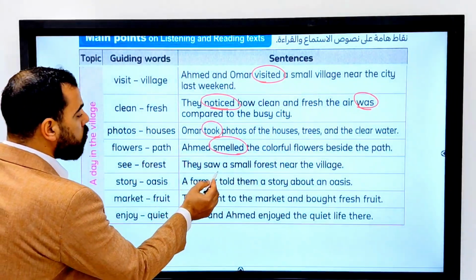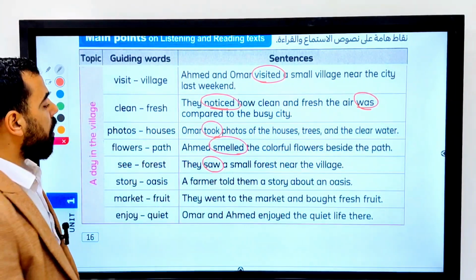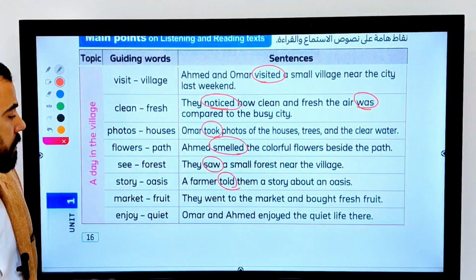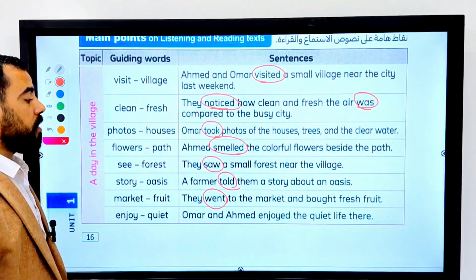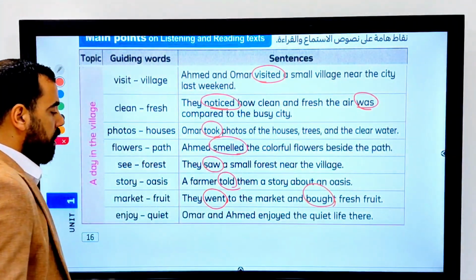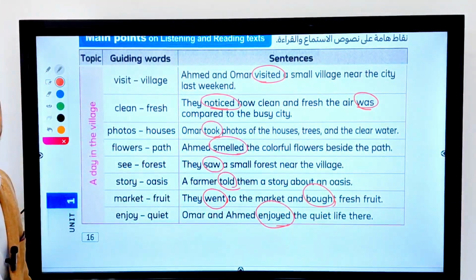They saw a small forest near the village. A farmer told them a story about an oasis. They went to the market and bought some fruit. Omar and Ahmed enjoyed the quiet life there.